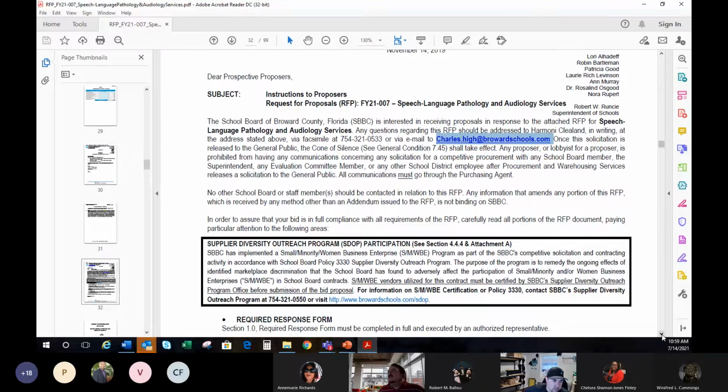Any proposer or lobbyist of proposer is prohibited from having communications concerning any solicitation for a competitive procurement with any school board member, the superintendent, any evaluation committee members, or any other school district employee after purchasing and warehouse services releases a solicitation to the public. All communications must go through the purchasing agent.